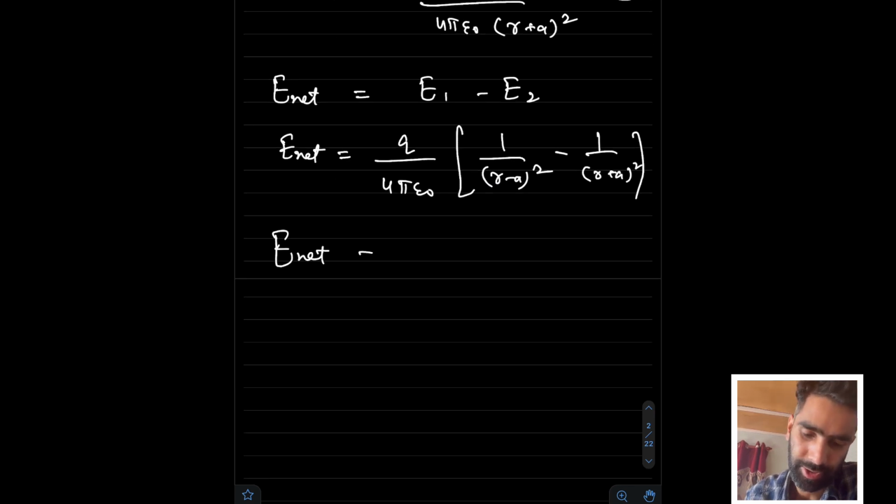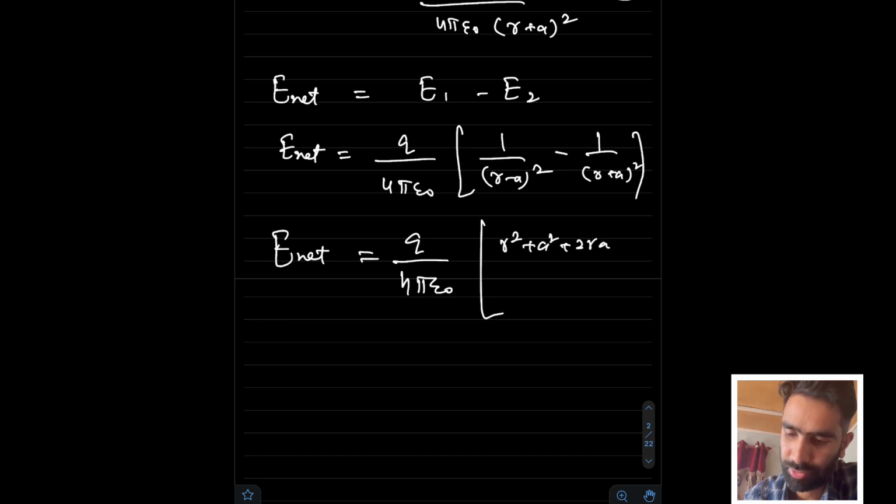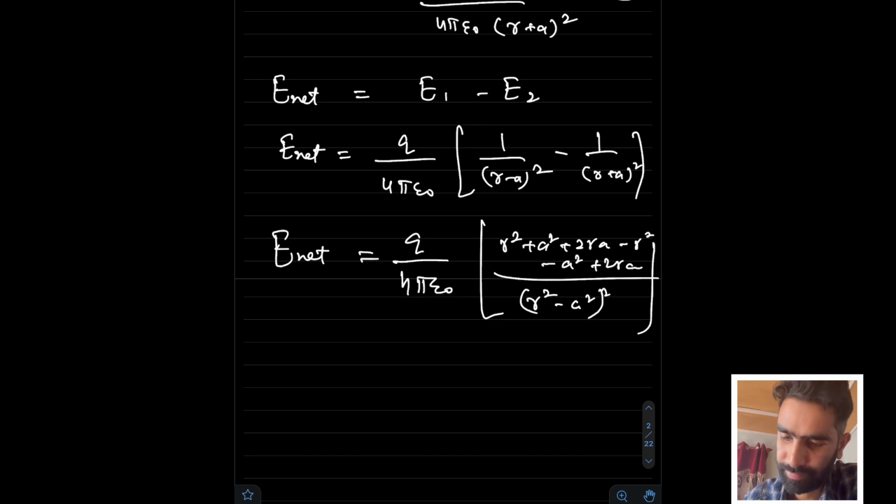I can then make some simplifications and write it as r square plus a square plus 2ra minus r square minus a square plus 2ra, divided by r square minus a square whole square, using the identity a minus b into a plus b is equal to a square minus b square.